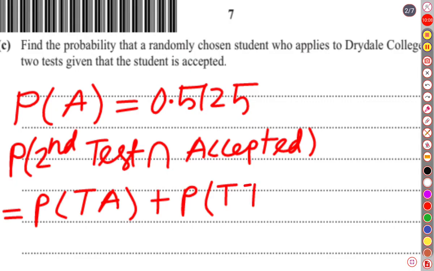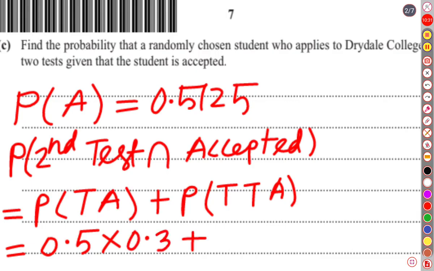Second time also he needed to take the test, first time and second time, and the third trial, in the third chance he succeeded. So let us see, the probability of T was 0.5 and the probability of acceptability was 0.3 plus, so two times he failed, and not failed means he was given the second and third chances.